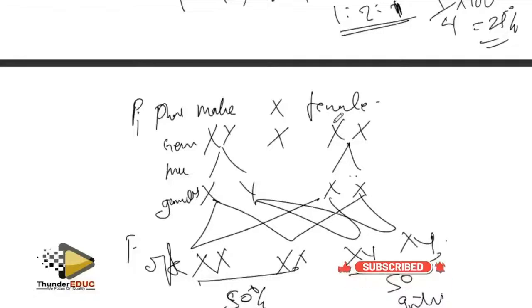If a male sperm having Y fertilizes the ovum, remember the ovum is always X, the individual will be XY, and therefore will be a male. There is a 50% chance of having a male and 50% chance of having a female. That's how you can describe sex determination.